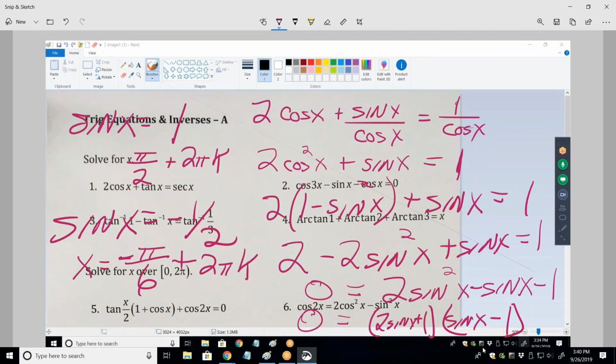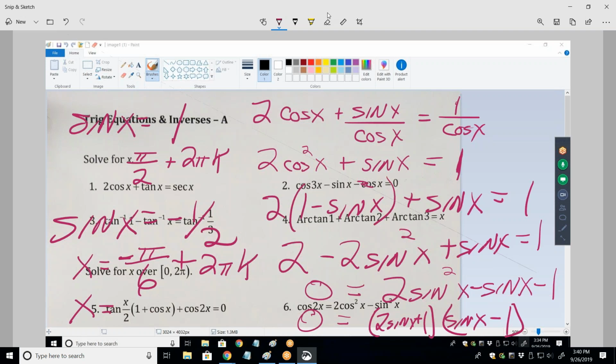Now let me think about that. There's one more, right? I think this one requires two different solutions. That's one of them, but there's actually another solution that your calculator doesn't give you. Negative 5 pi over 6. Well, let's make it a positive angle. We don't need both negative angles. I think that angle is 2 pi over 3, isn't it?